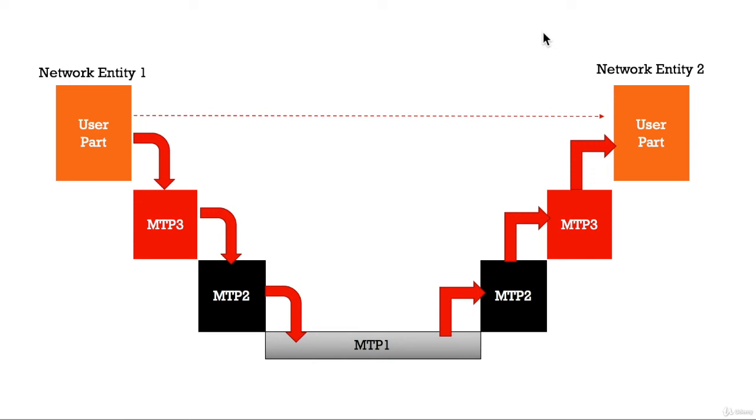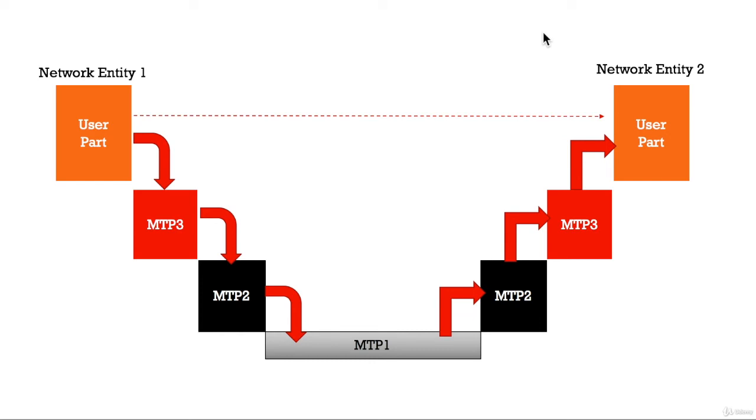In the same way, that flow control is implemented in MTP layer 2. It is similar to the data link layer. So along with the main message, you have some CRC code, some verification code attached to the user information, to the packet, and then it is sent to the MTP1 layer.